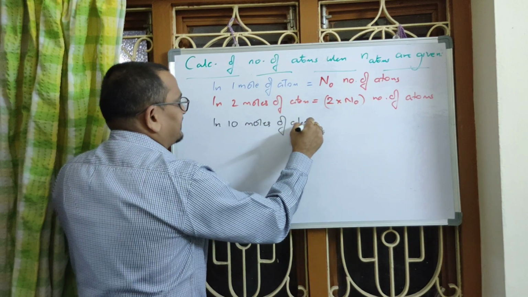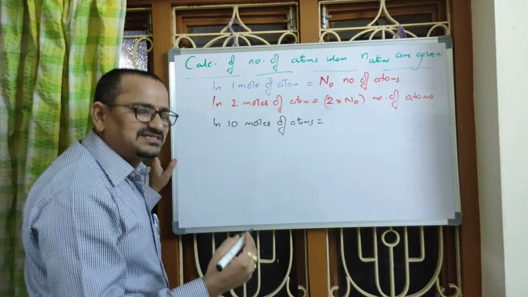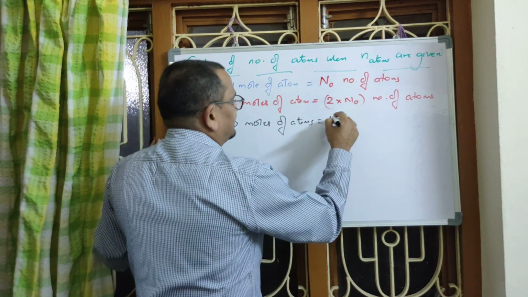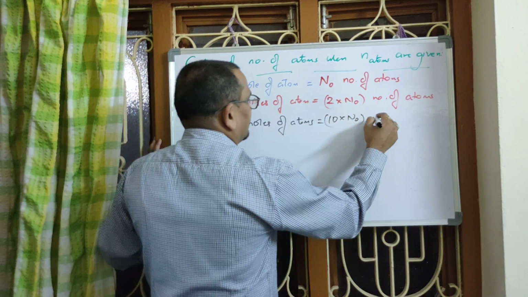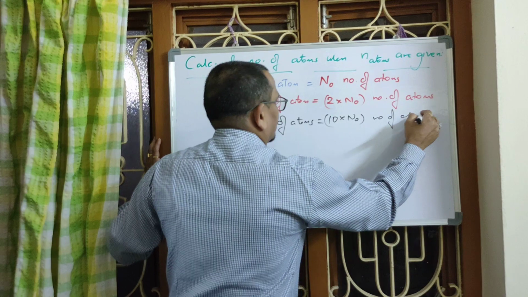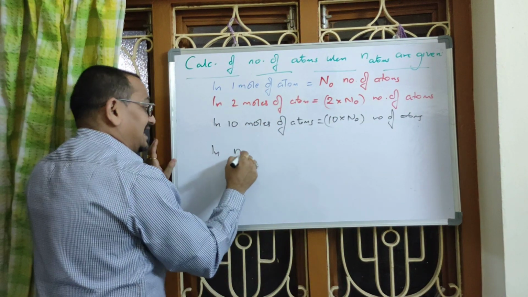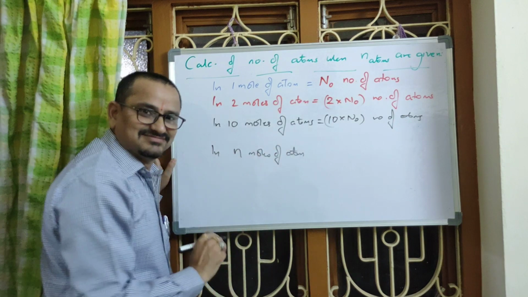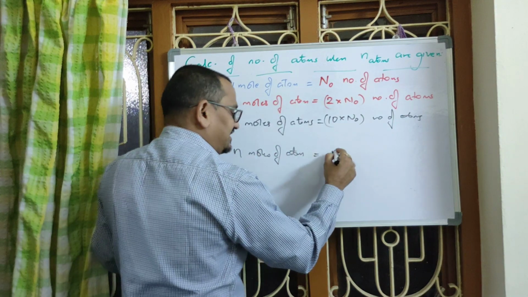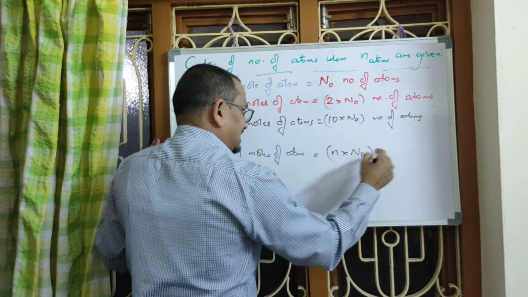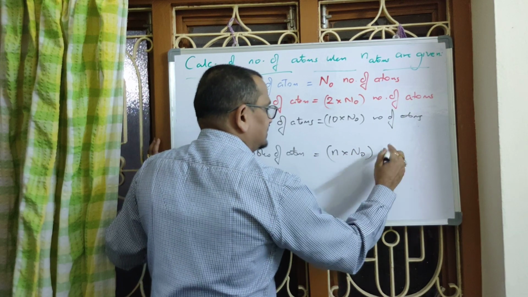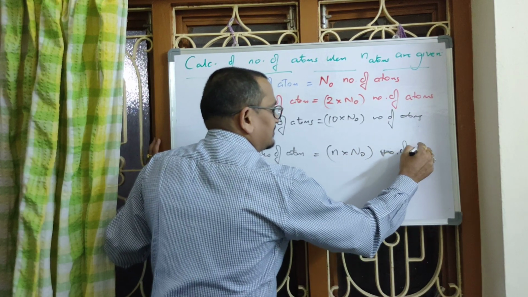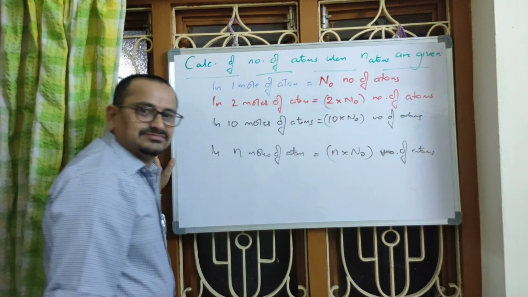In 10 moles of atoms, how many atoms are present? Tell me. Yes, that's correct. 10 into Avogadro number of atoms. Then in n moles of atoms, n into Avogadro number of atoms.